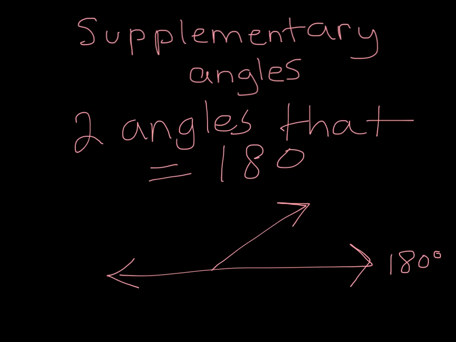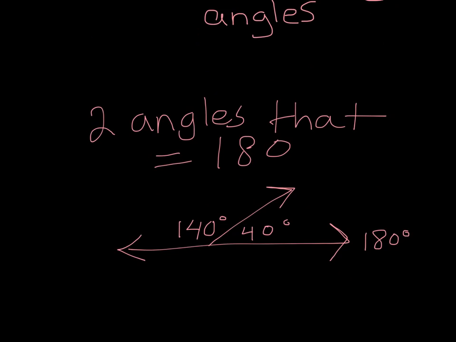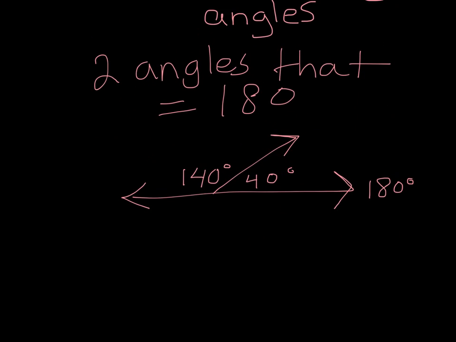So if I split this into two parts and say this one is 40 and this one is 140, these two angles are supplementary. In order to be supplementary, they don't necessarily have to make a line. You could just have two separate angles.